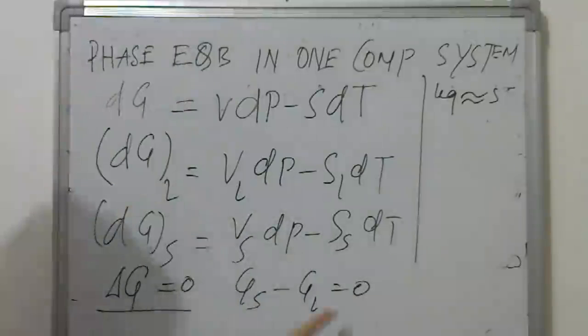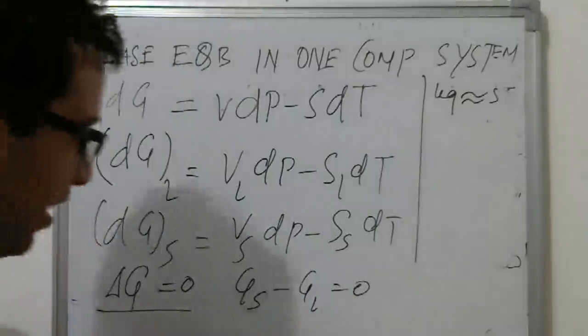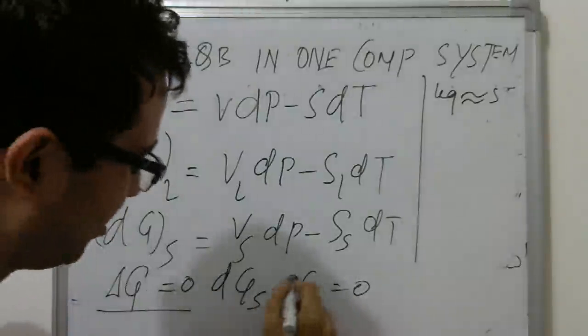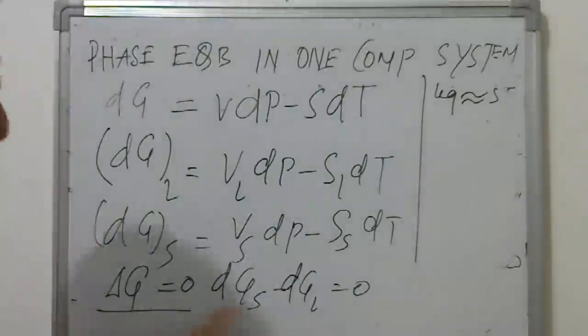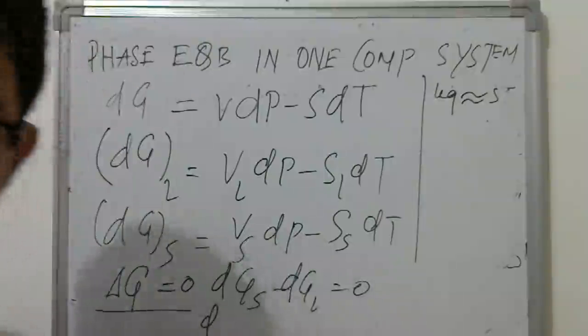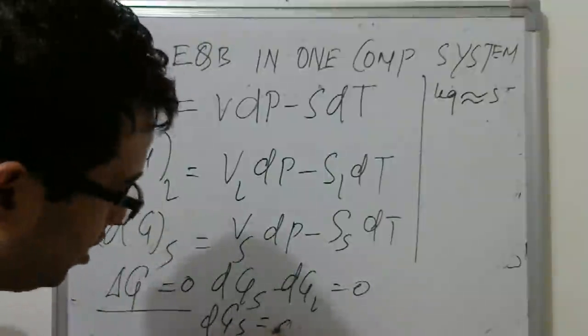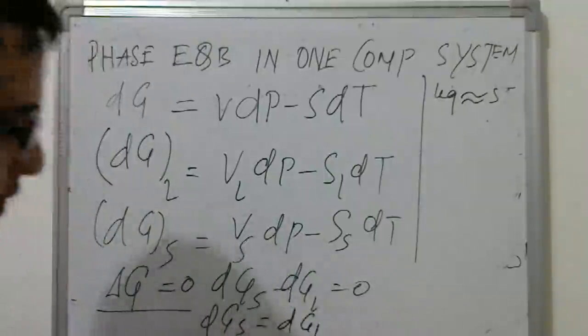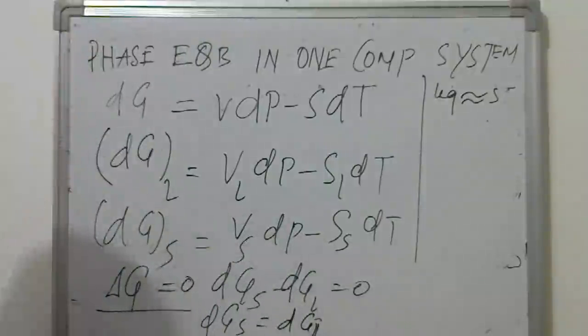So we can write that dG solid is equal to dG liquid.